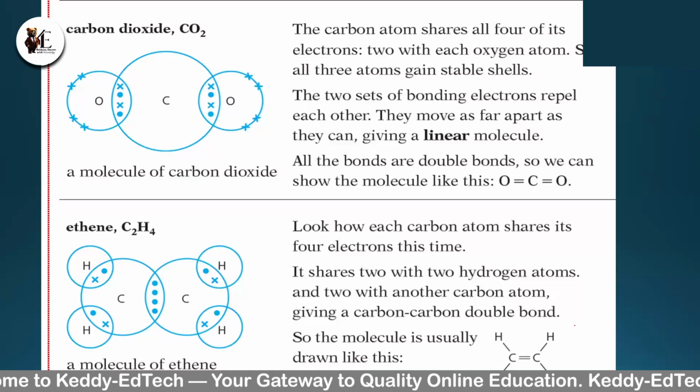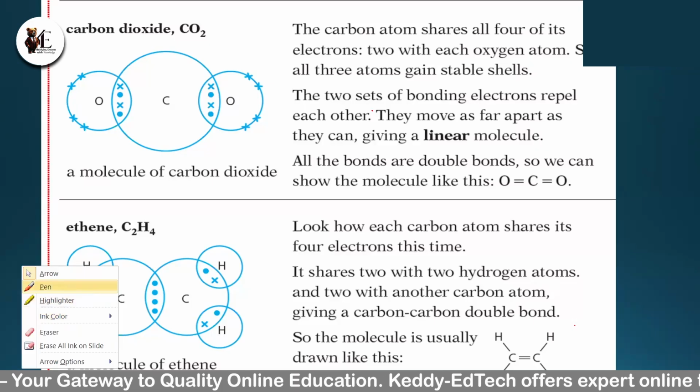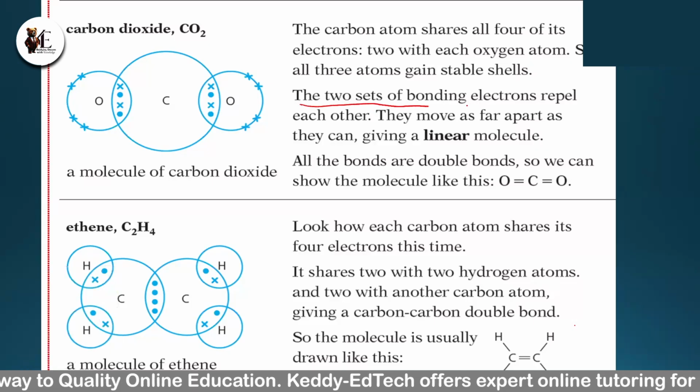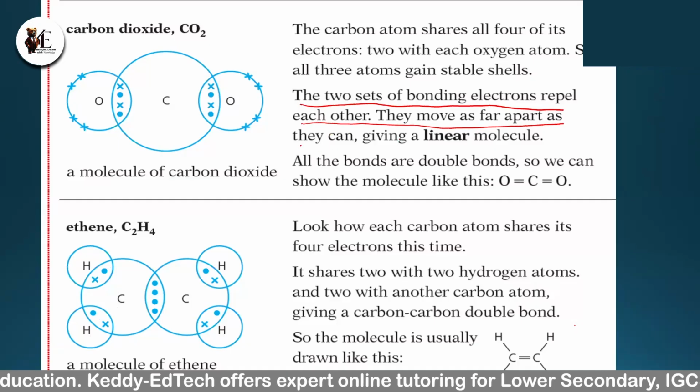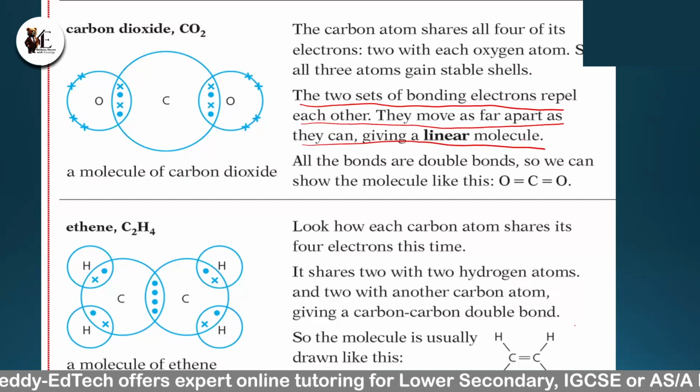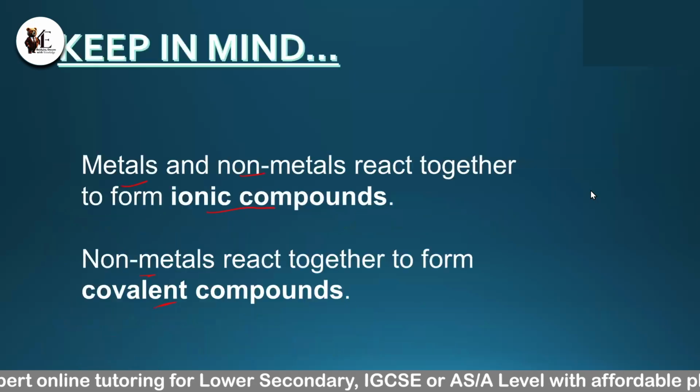Because here it is written that the 2 sets of bonding electrons repel each other. They move as far apart as possible. That's why it is a linear molecule and not bent. So this is the answer to that question.